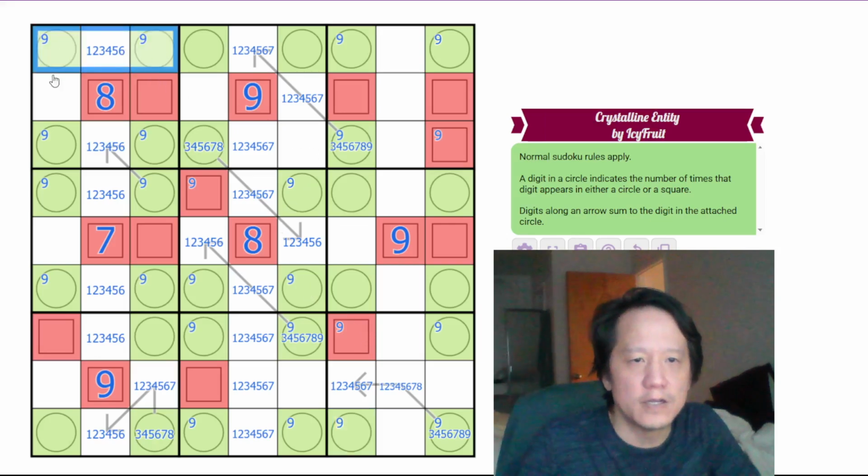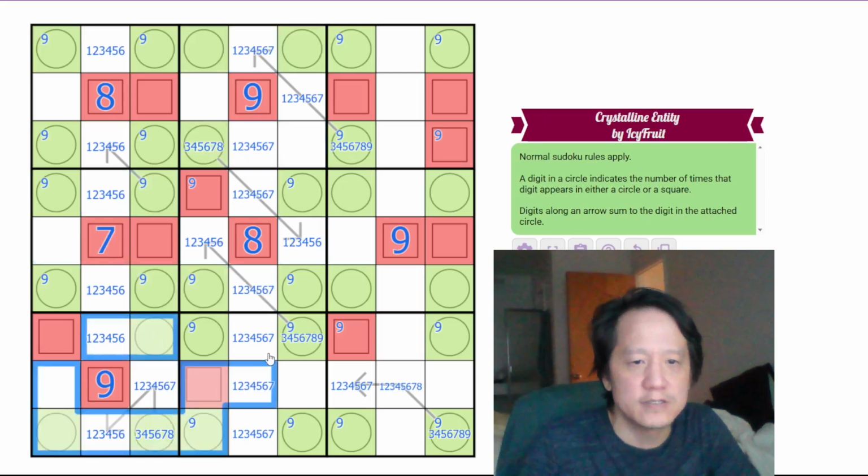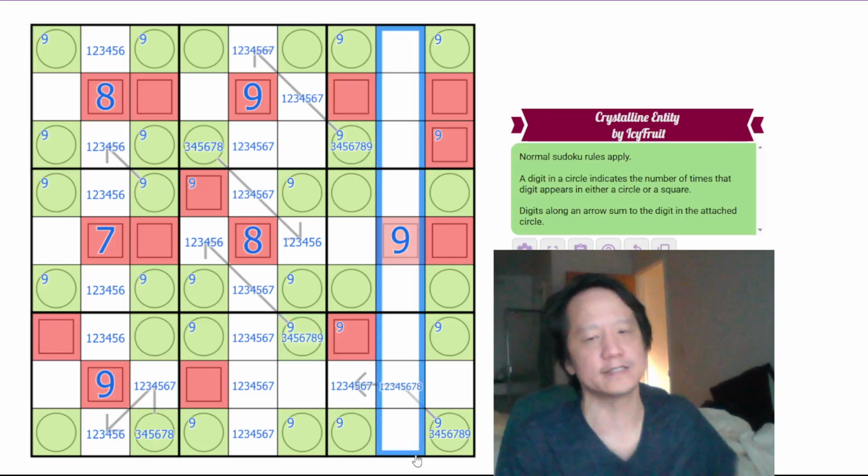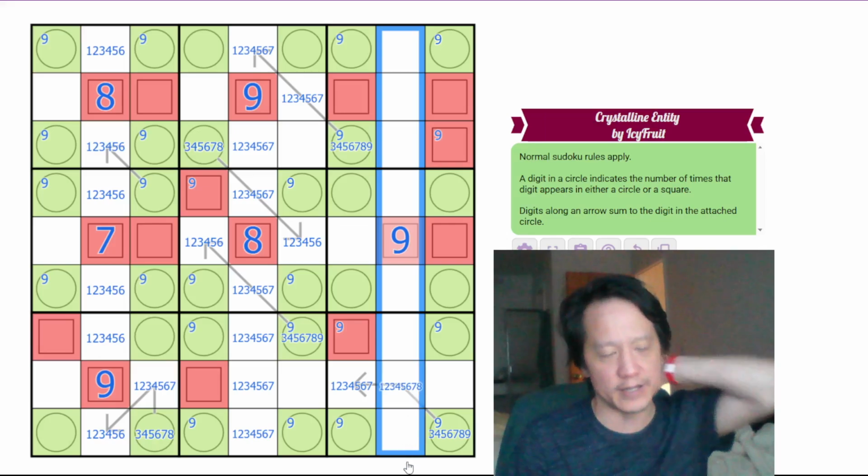8 in boxes 1, 2, 4, 5, and 7, 8 have to be in circles or squares, because we're missing an 8. The 8 that's not in a circle or square is in column 8.